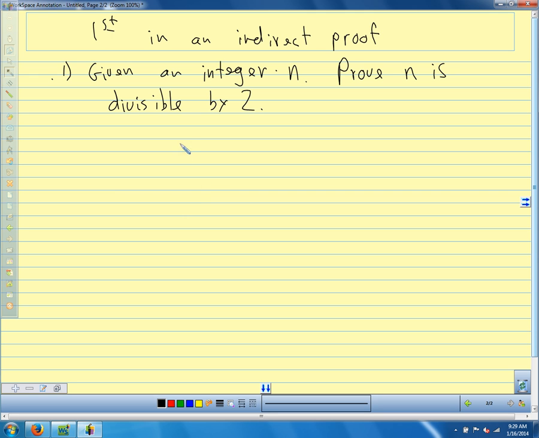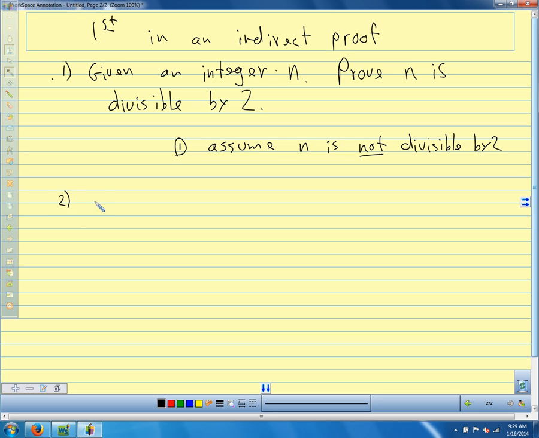Right, so our first step, assume n is not divisible by 2. That would be our first step if we were going to do an indirect proof here. We would assume the opposite of what we're trying to prove. So that's all we wanted to do for this one, was figure out our first step.